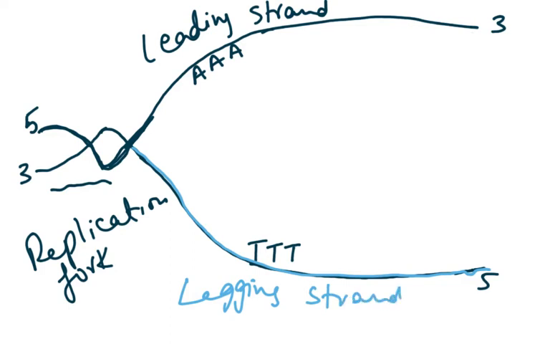So we have the leading strand and the lagging strand. Now what we have to understand is that the leading strand is going to be copied in a continuous manner.